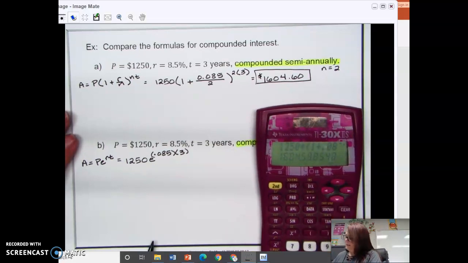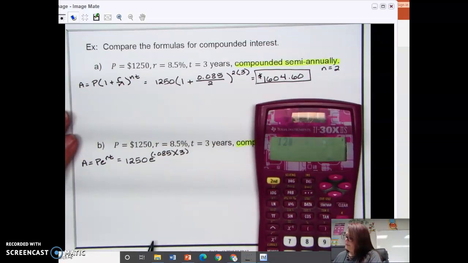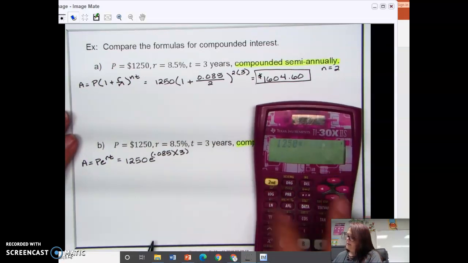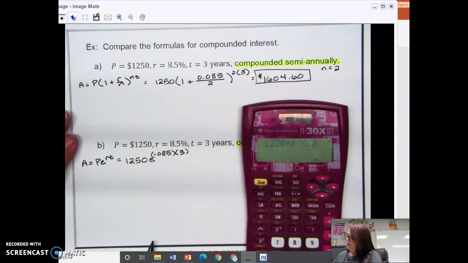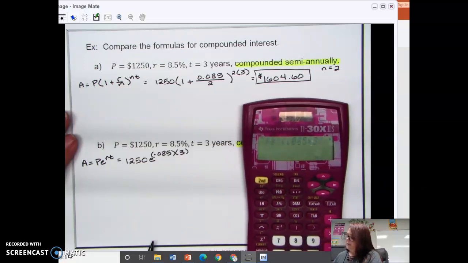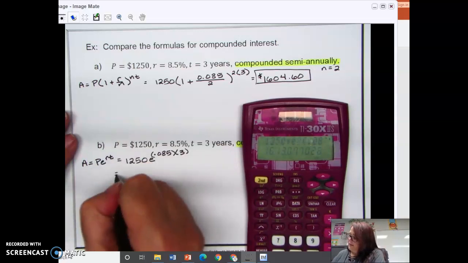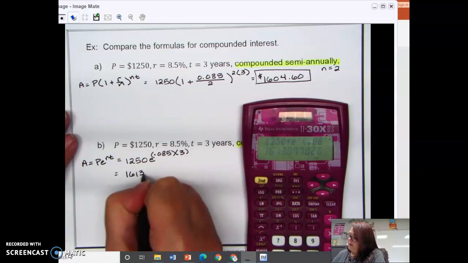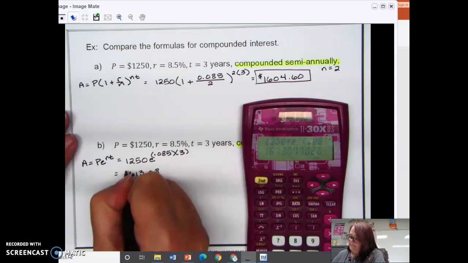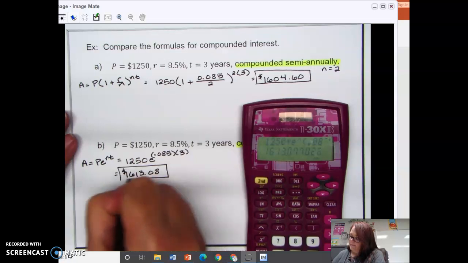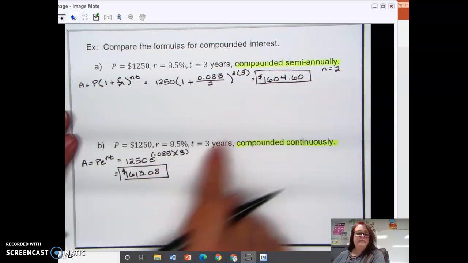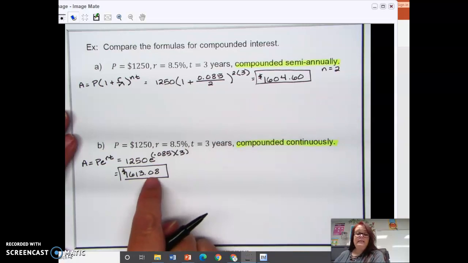So if we plug this in, we're going to say 1250 times e to the power of 0.085 times 3 gives me $1,613.08. Okay, so notice it's not a ton more money, but it is more money.